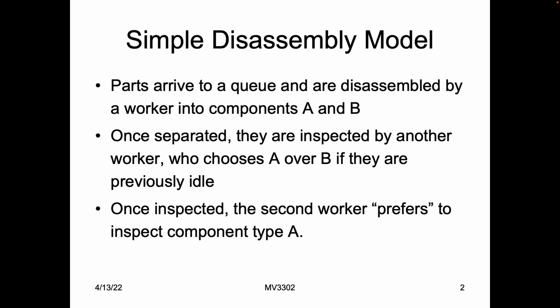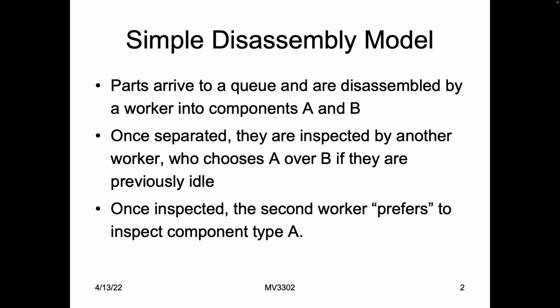Sorry, yeah, in this model, it's the inspectors who have to inspect either A or B. So we have one set of workers that are disassembling and another set that are inspecting. But the inspectors have to inspect both A and B, and the question is, if they have a pile of A's and B's available, then which one do they choose?